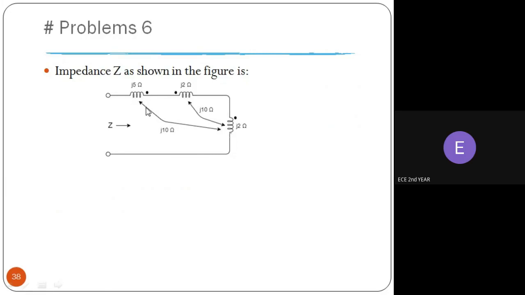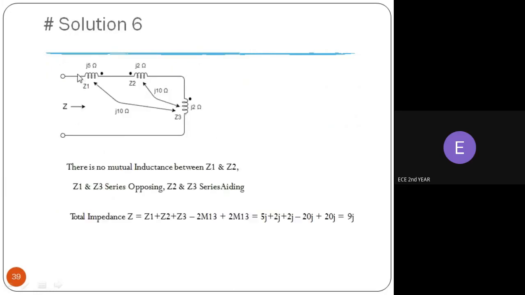So one connection is series opposing and the other is series aiding. There is no mutual inductance between Z1 and Z2. Z1 and Z3 are a series opposing combination, and Z3 and Z2 are a series aiding combination.